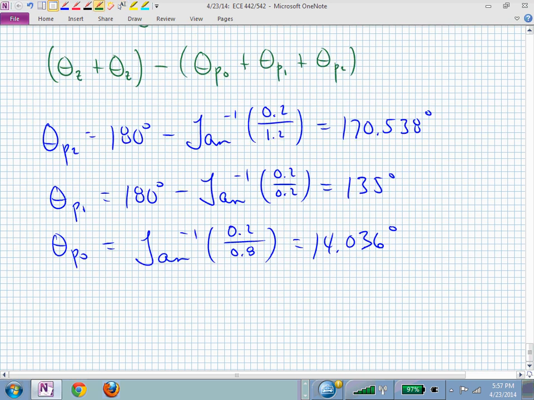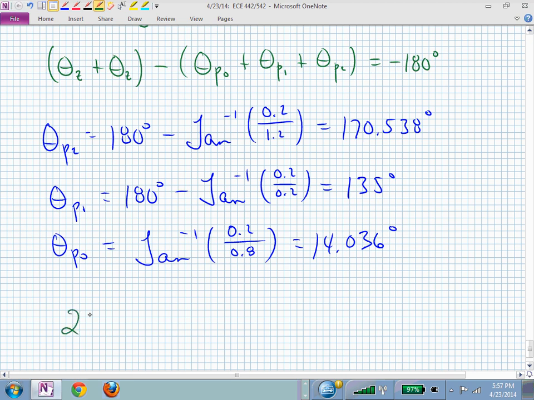If I use those numbers, oh, and what did I forget? This needs to sum to minus 180. All of those angles, algebraically. That's our phase angle condition, and we're using everything known except for the angles of those zeros.